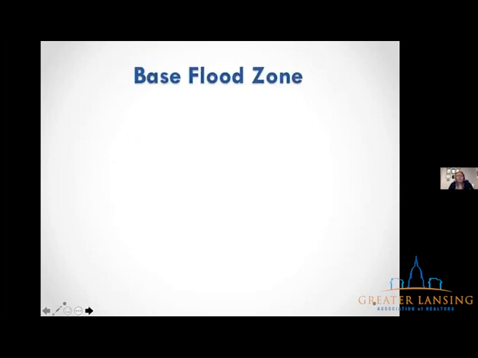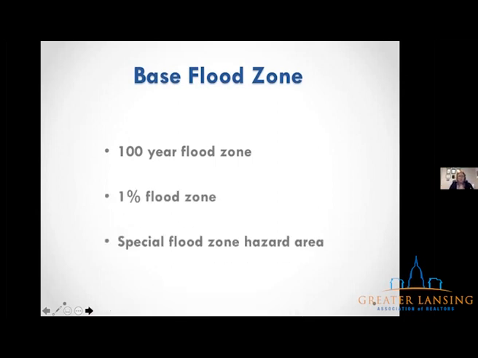But either way, it's going to be tough because we're going to have to do something with respect to the flood zone, okay? And just real quick, I threw this slide in here just so you know that all of those terms are all interchangeable. They all mean the same thing, okay? In any given year, you could have a 1% chance of flooding. That is what a 100-year flood zone is. They say once in every 100 years it's going to flood, or in any given year you have a 1% chance of flooding, okay?